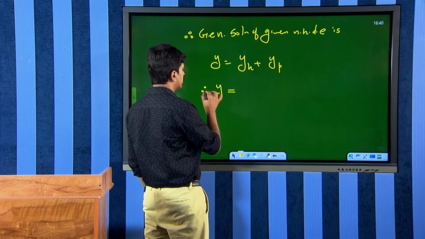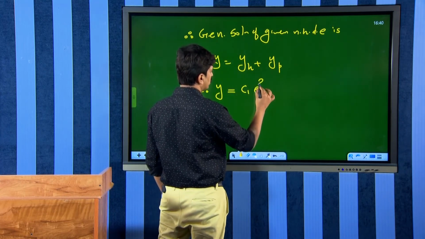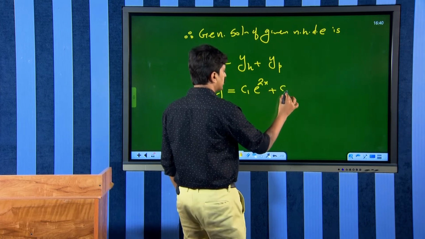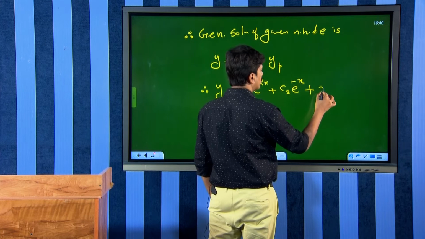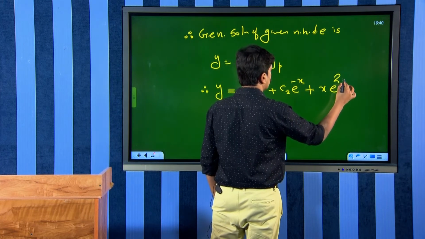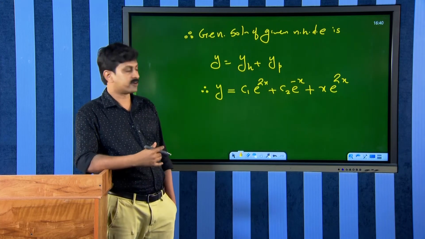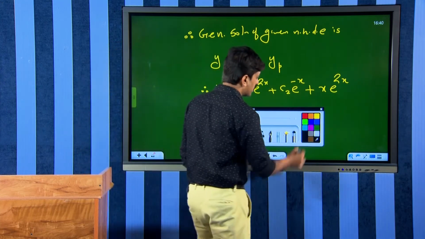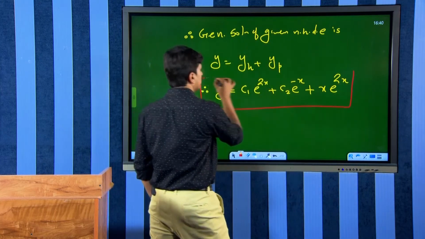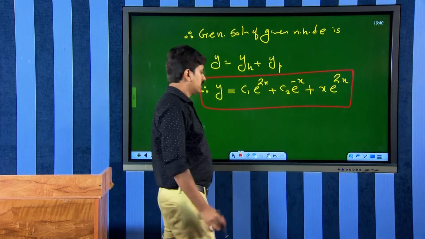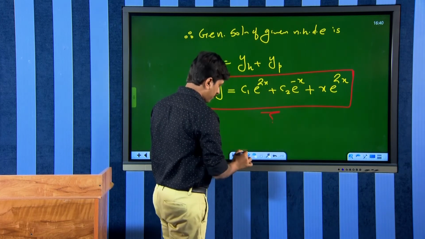Therefore y is equal to c1 e raised to 2x plus c2 e raised to minus x plus x e raised to 2x. See, we got 3 independent functions. Now this is the general solution of the given non-homogeneous differential equation.